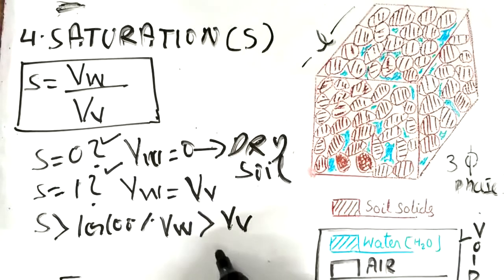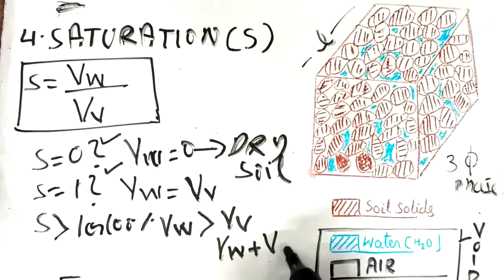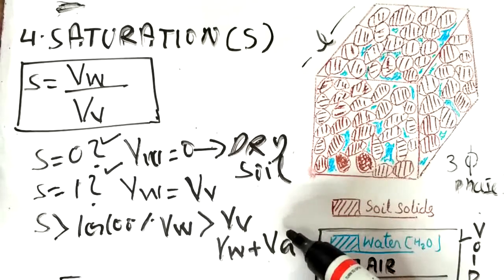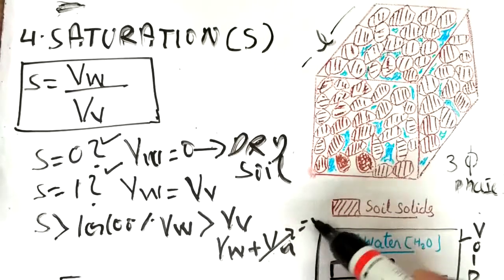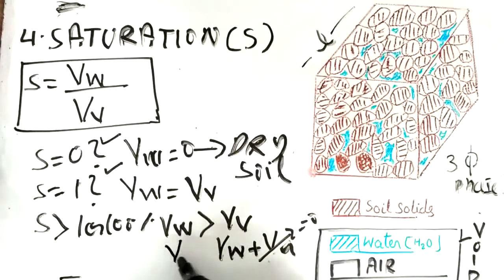I know that volume of voids is nothing but volume of water plus volume of air. Even in the case of dry soil, the volume of air will become 0, and on the LHS I will have volume of water only, so both terms will be equal.